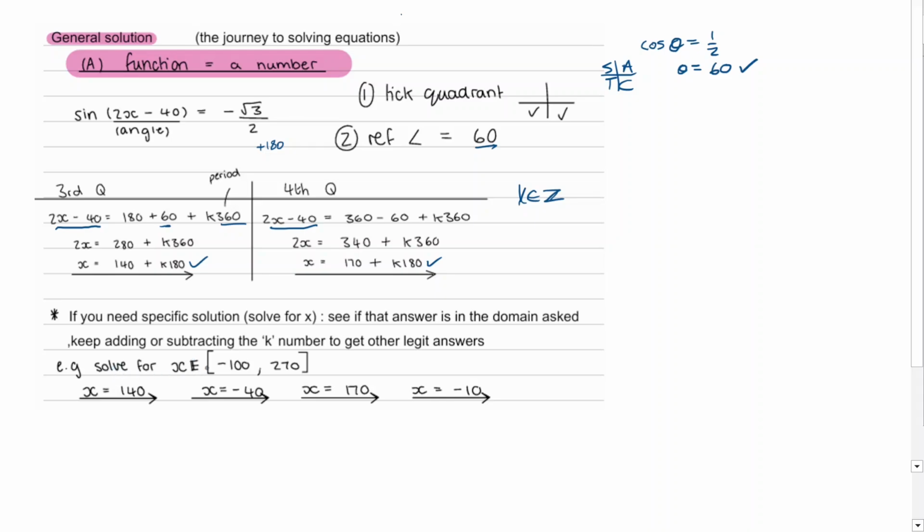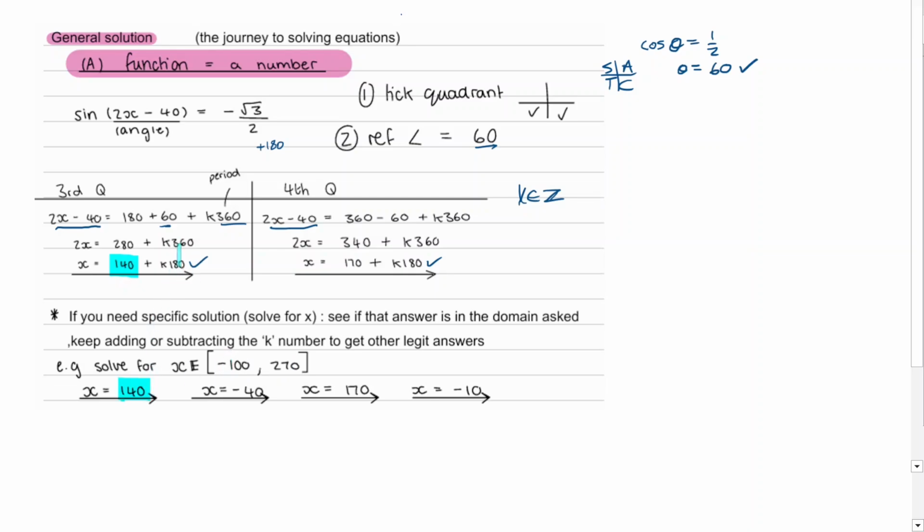Solve for x if x is an element of minus 100 until 270. I just try to give you a bit of a weird domain to show you how this works. Looking at that number 140 that I got in my general solution, does that fit somewhere between here? If it does, then it's an answer.